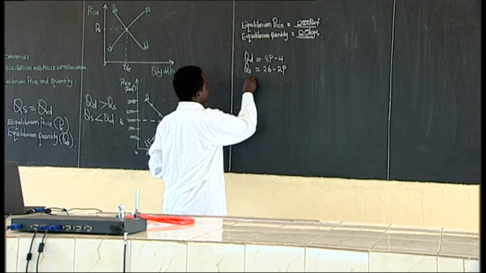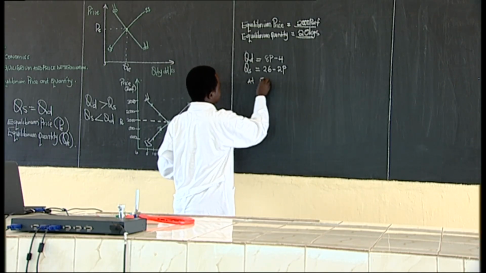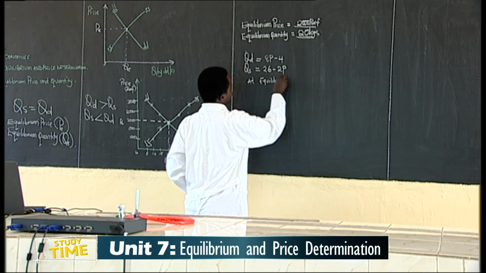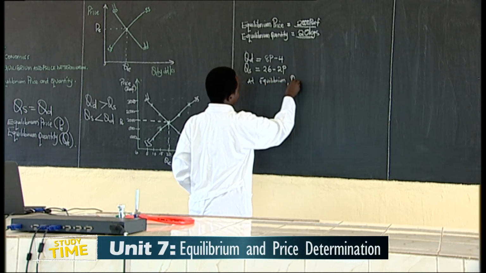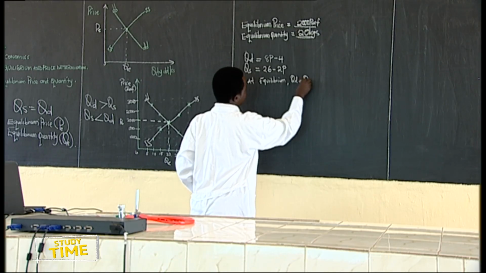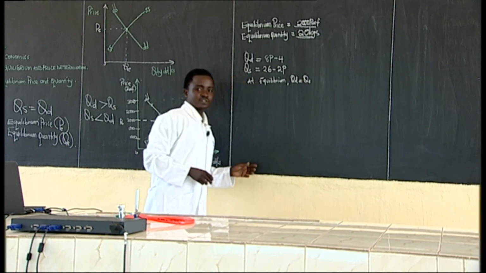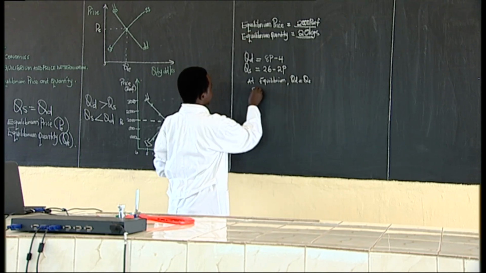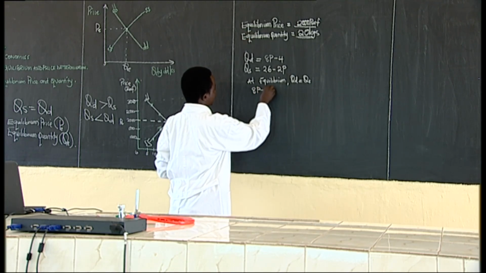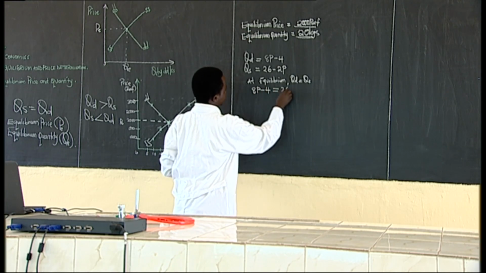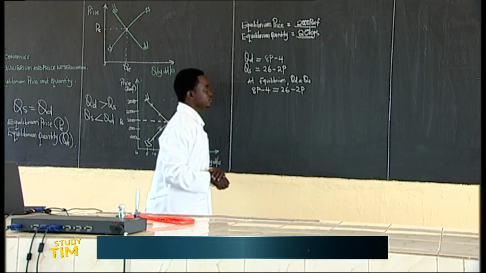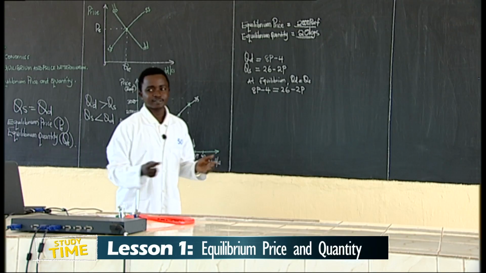So now, you must know that at the point of equilibrium, quantity demanded should be equal to quantity supplied. This condition must hold. Then from there, we have 8P minus 4, which is equal to 26 minus 2P. So here you have to apply some simple mathematics.